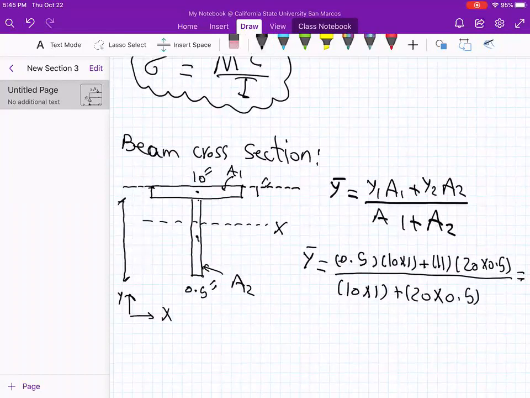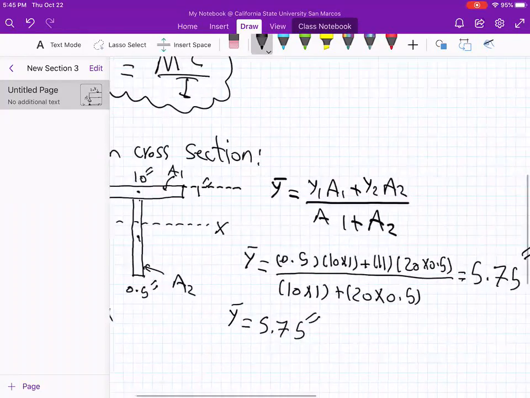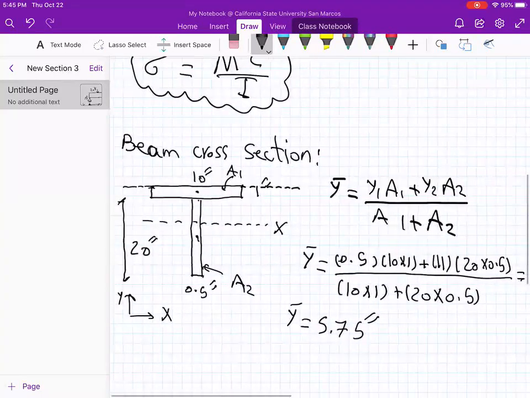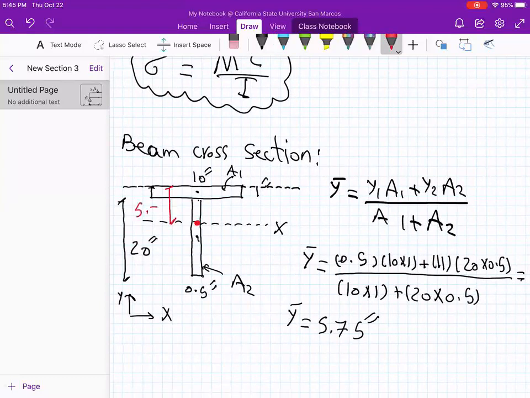Yeah, but I thought that was 28. This is 20. This is the Y bar from the top, right? For example, now you have Y bar here, and this one would be 5.75 inch.